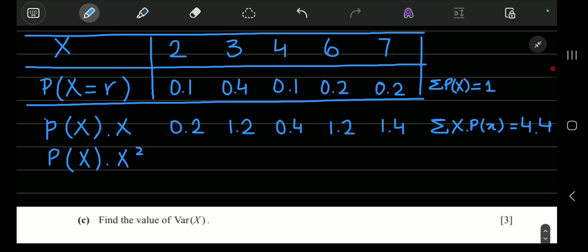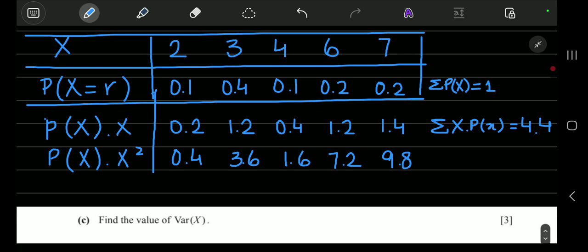So I'm just directly multiplying this p of x dot x column with x, so it gives you 0.4, 3.6, 1.6, 7.2, 9.8.